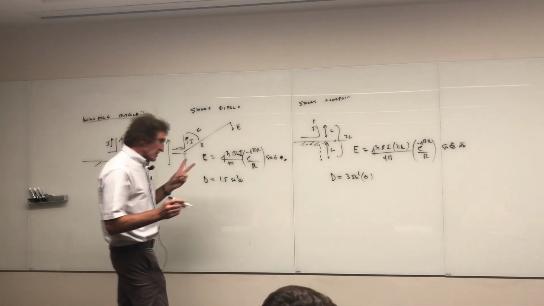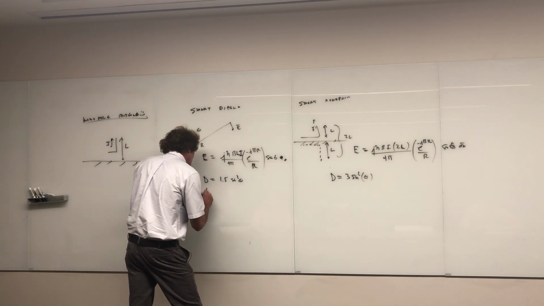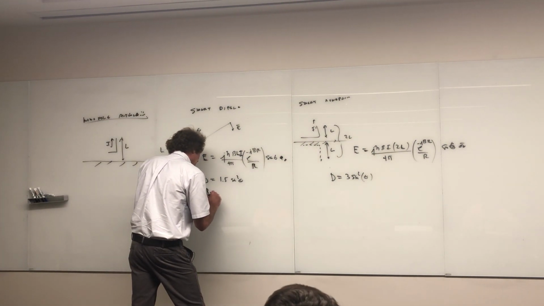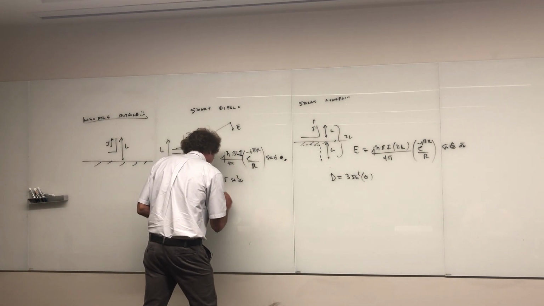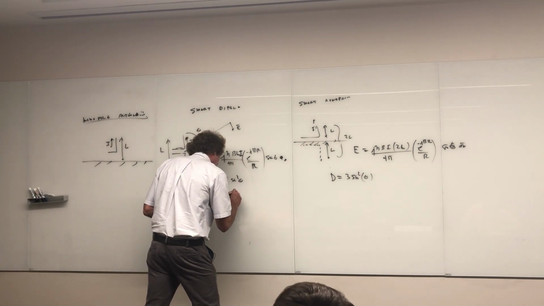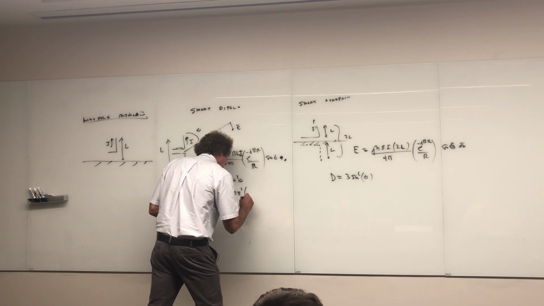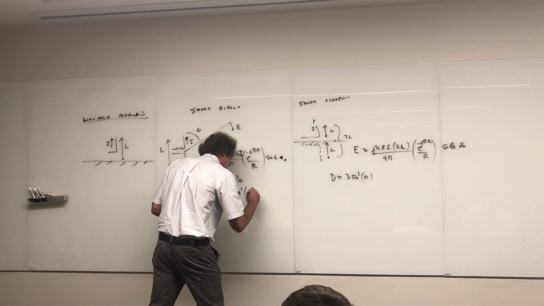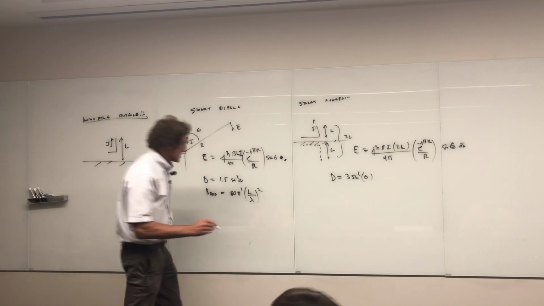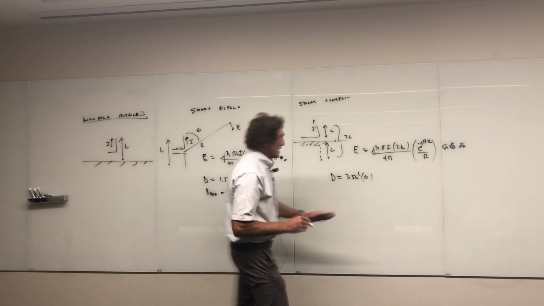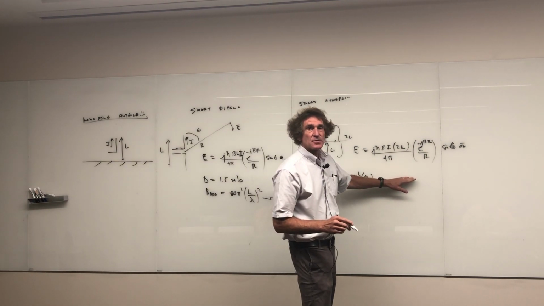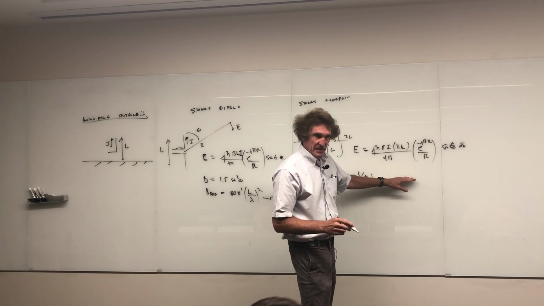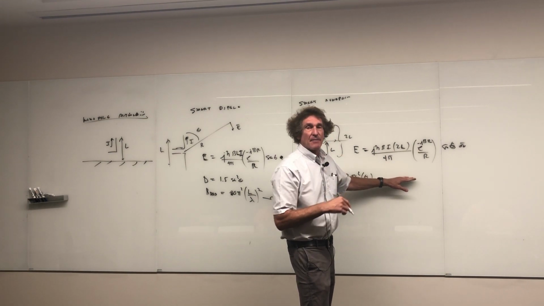Another thing that really changes here is the radiation resistance. For a short dipole it was equal to 80 pi squared times the length over lambda, squared, in ohms. Here, the radiation resistance is halved because it's only radiating into half the area, or half the volume.